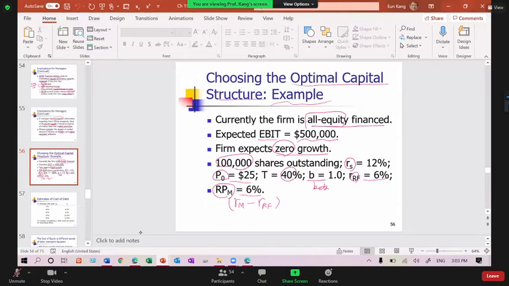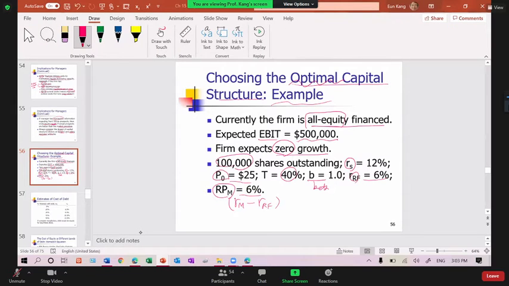And today's, let's continue our discussion of capital structure. And today's material is very important, as you know, highly likely to be on the exam. That is what? Choosing the optimal capital structure. So this one is really good because we are actually getting just optimal capital structure using numbers.